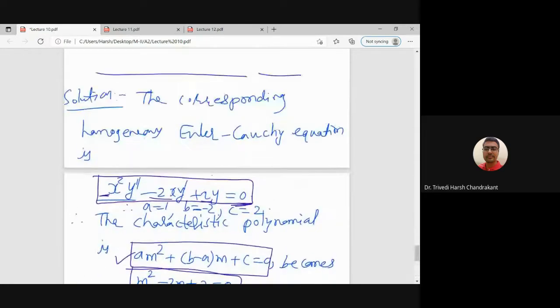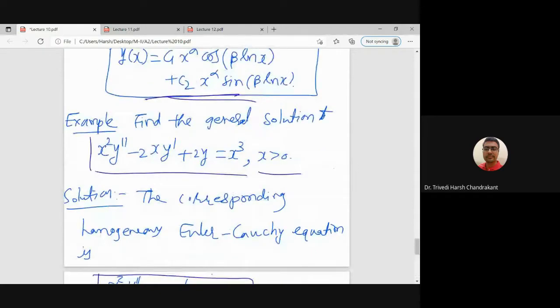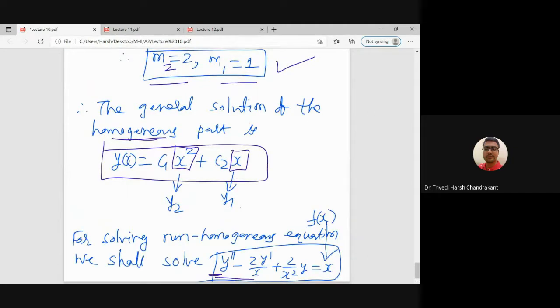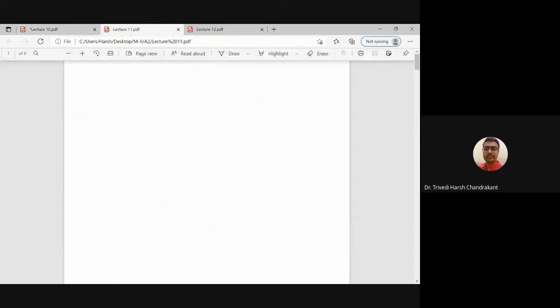The given equation has coefficient of y double dash equal to x square. So to make the coefficient of y double dash 1, we divide the equation by x square, and we get this differential equation. The goal is to find a particular solution of this non-homogeneous equation. So let us start with that today.